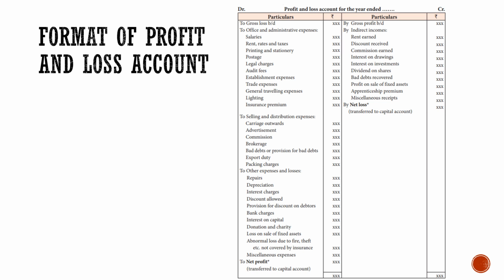Net profit is like the trading profit: you have to sum these values from the debit side till before the net profit. Similarly we have to sum here in the credit side. If the credit side is more, then it is a profit, net profit. Here you get net profit or net loss, there you get gross profit or gross loss. So this is the format of profit and loss.